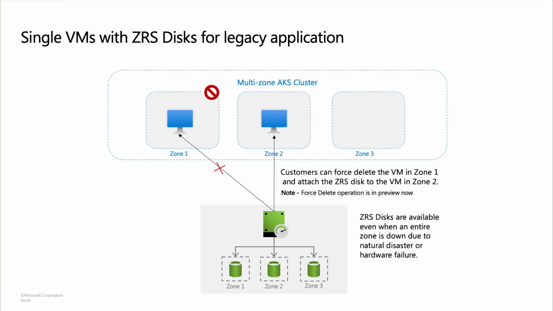And now you can attach the ZRS disk by creating another VM in a different zone and then bringing up your application within seconds, getting higher availability for your application. So that is another very important benefit of ZRS disk, an important scenario that you'll be able to handle. Now, currently the force delete operation is in preview. Very soon we will take it to general availability, and then you'll be able to use it for this scenario.